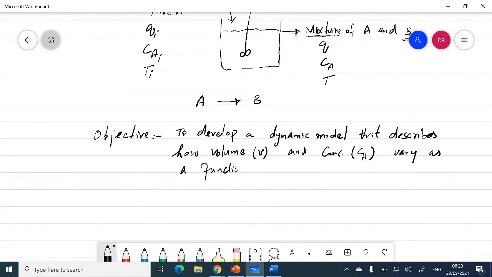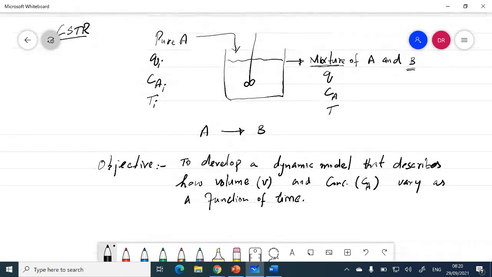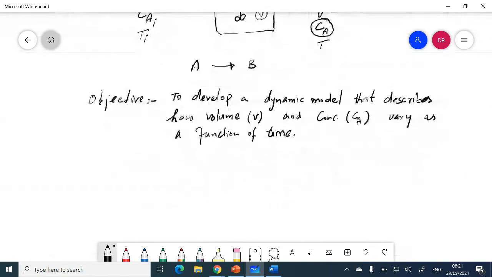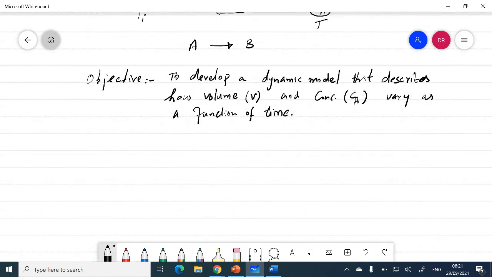So this is our objective. That means we are going to target two variables: the exit concentration of component A, and the volume of the reactor. Then we have to describe the process.